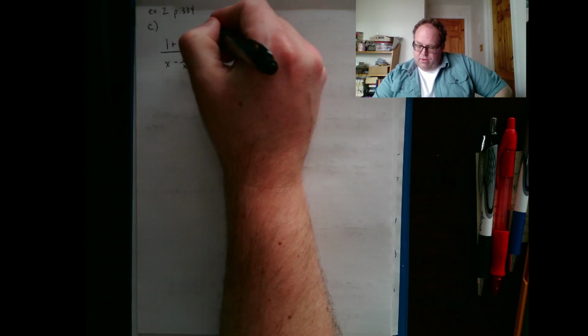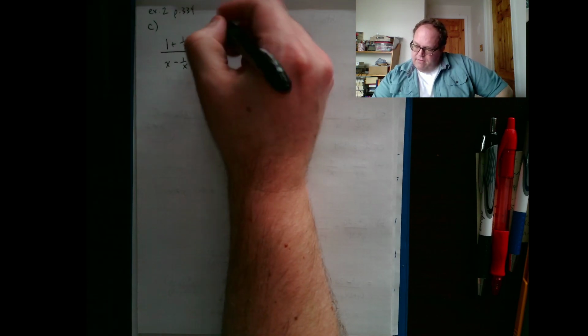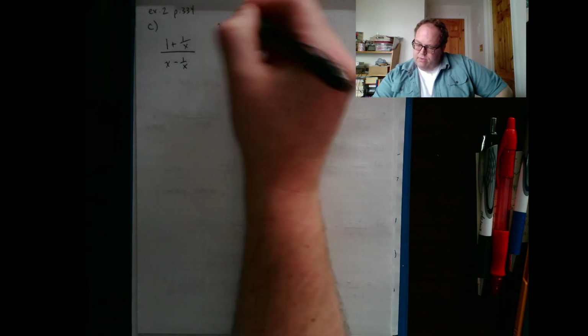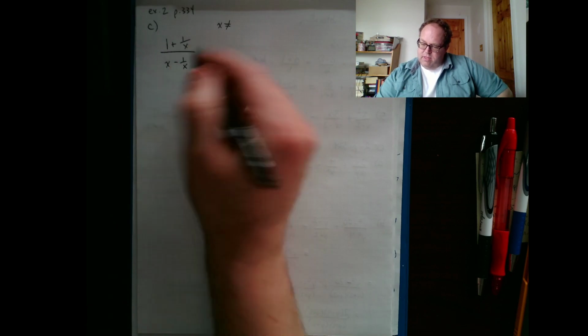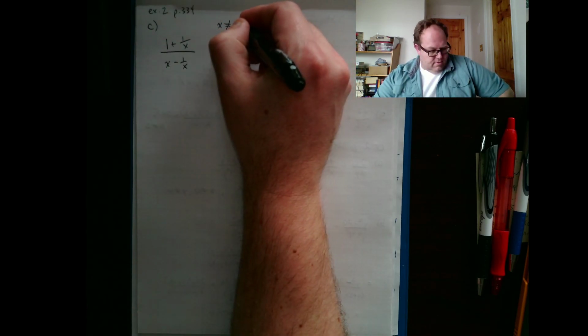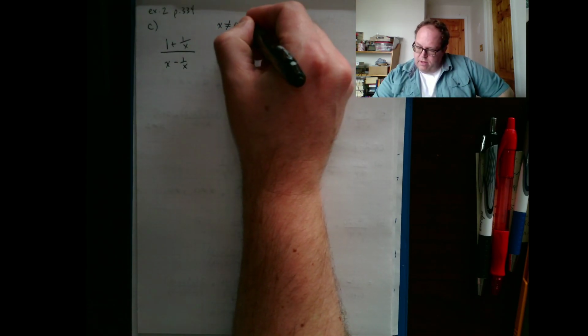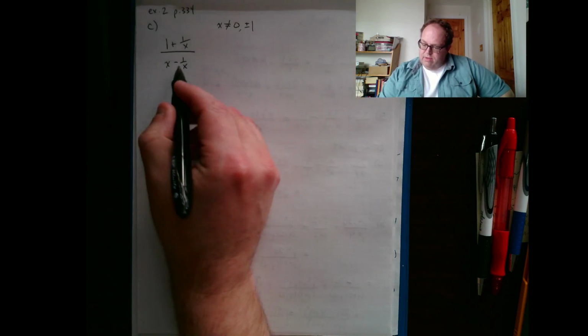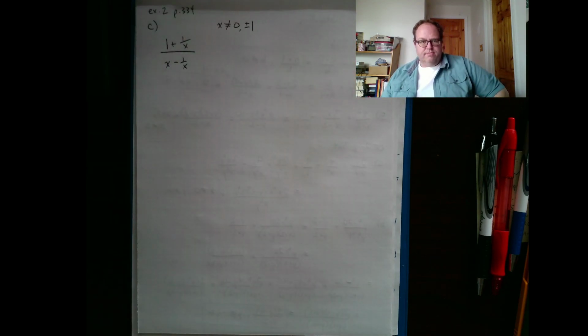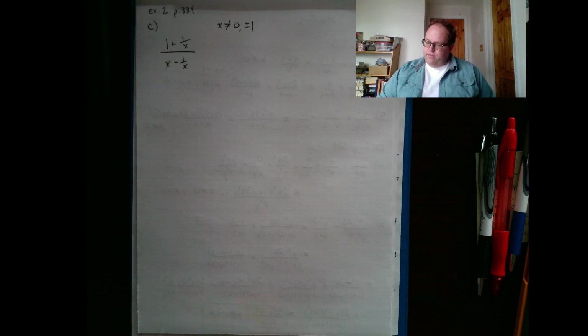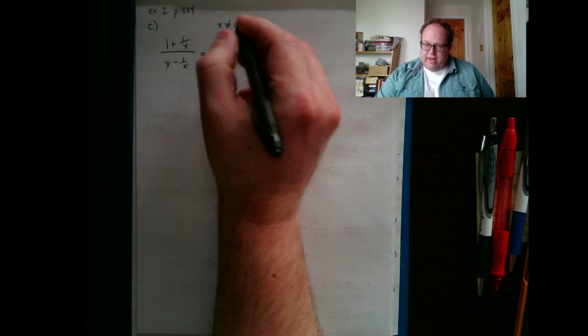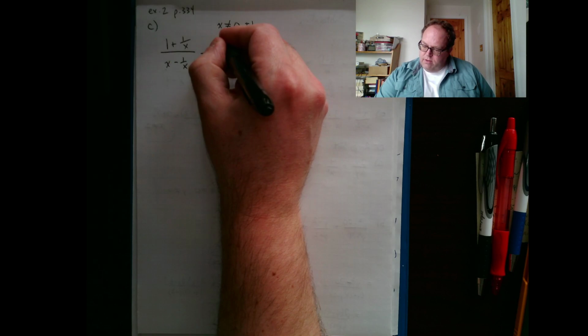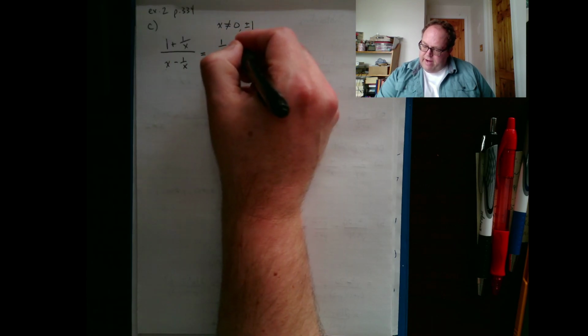It's also telling us what our non-permissible values are, although we could kind of figure those out. X can't equal 0 because of the division by 0 here, or plus or minus 1 because that would leave me with division by 0 here. Okay, so as I mentioned, if I'm going to add or subtract fractions, I'm going to start by writing everything out as a fraction.